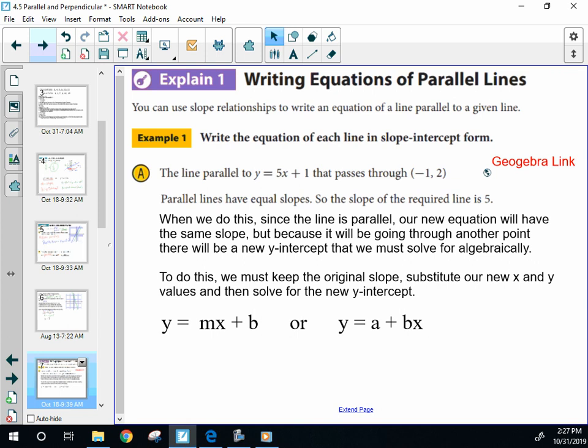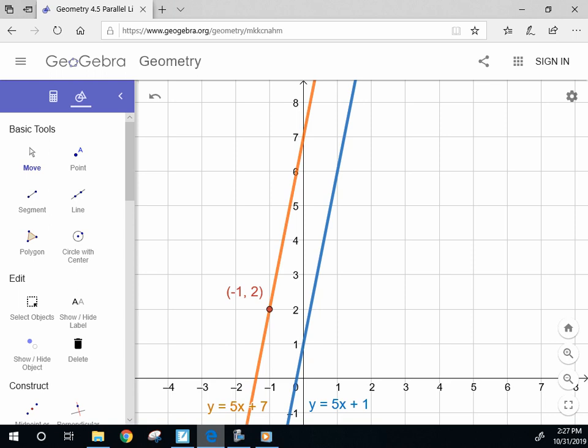Before I write this equation, if I look at GeoGebra here, I have already pre-graphed both of these lines. The blue line you see here is the equation y equals 5x plus 1. You will notice the point (-1, 2) is also graphed here, and it's labeled there.